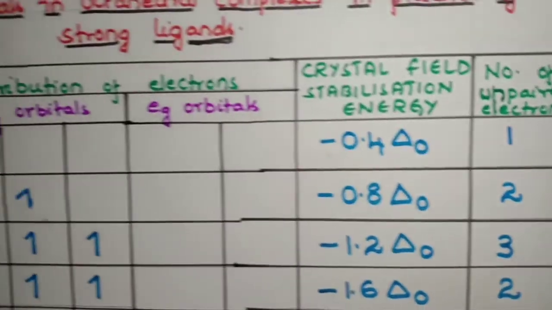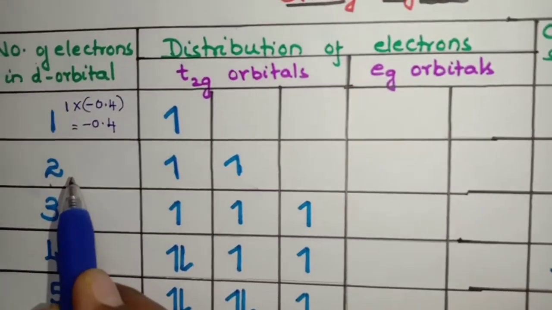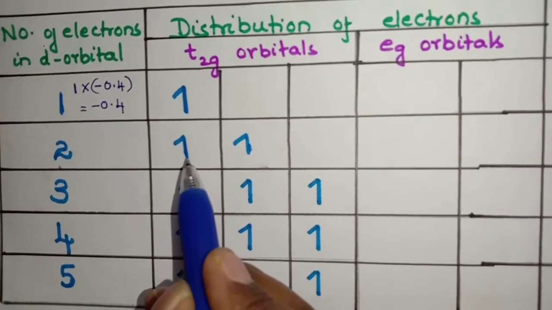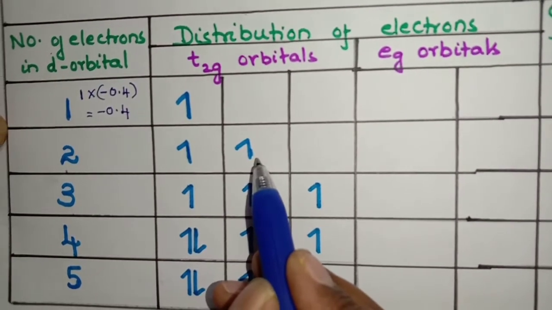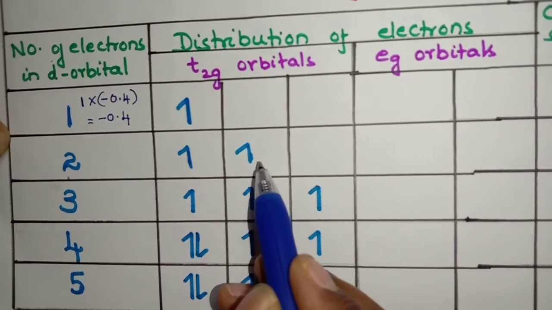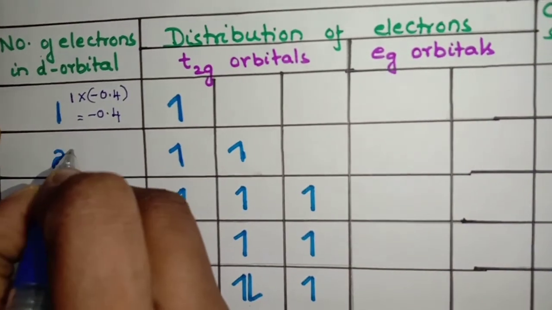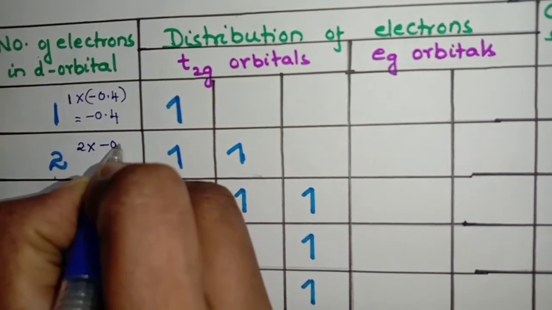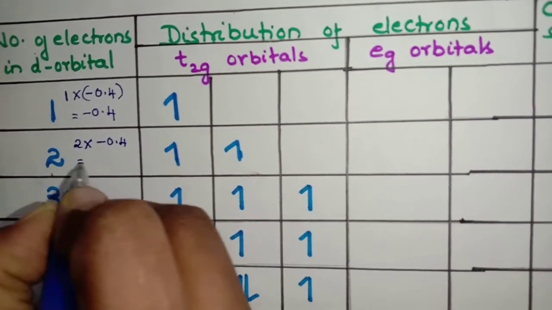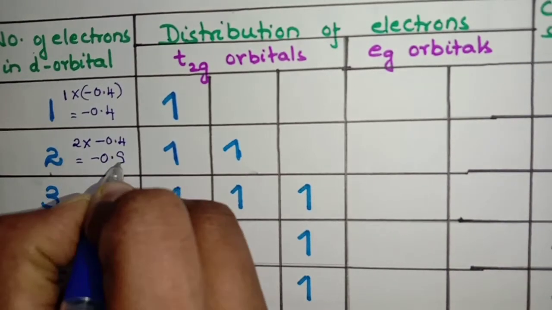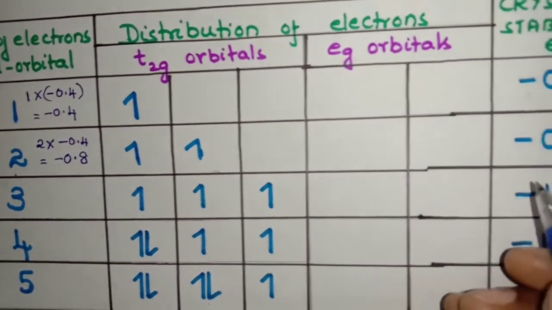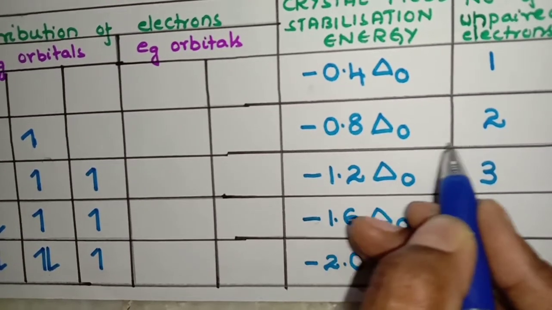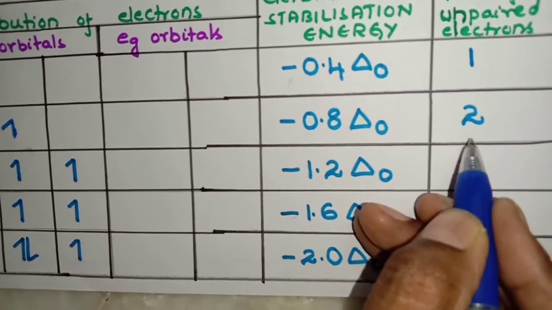Next, when the number of electrons in d orbital is 2, where do these 2 electrons go? First T2G orbital, second T2G orbital. Now how much is its CFSE? Here I am doing the calculation: 2 into minus 0.4 is equal to minus 0.8. So the CFSE is minus 0.8 delta O units. Number of unpaired electrons is 2.